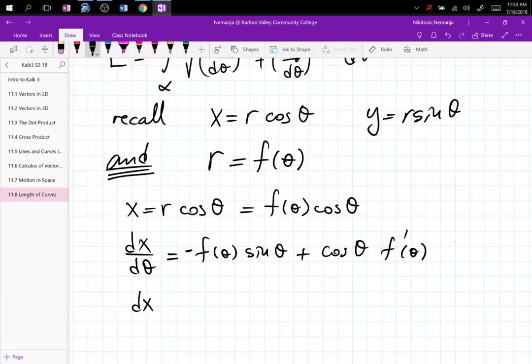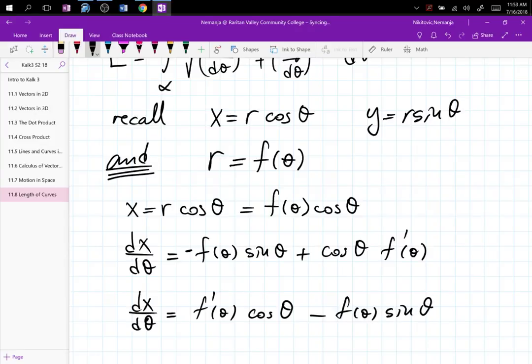So dx d theta is given as, I'll write the derivative first. I have f prime theta cosine theta minus f of theta sine theta.